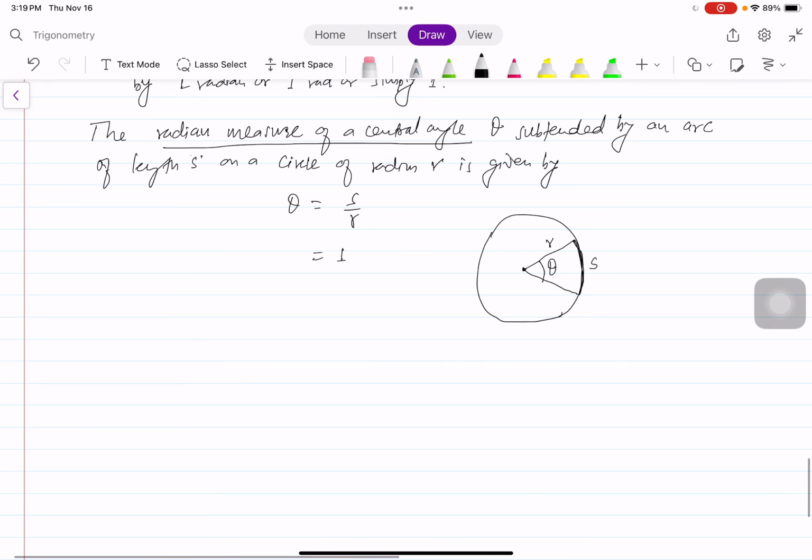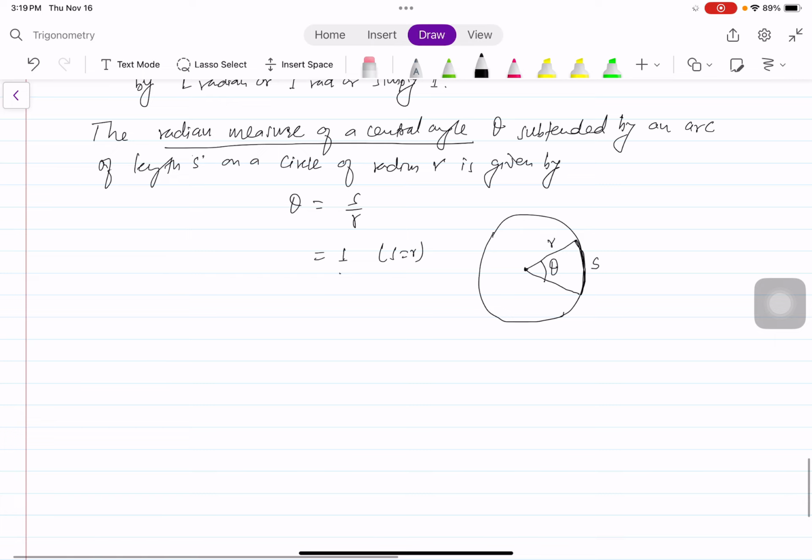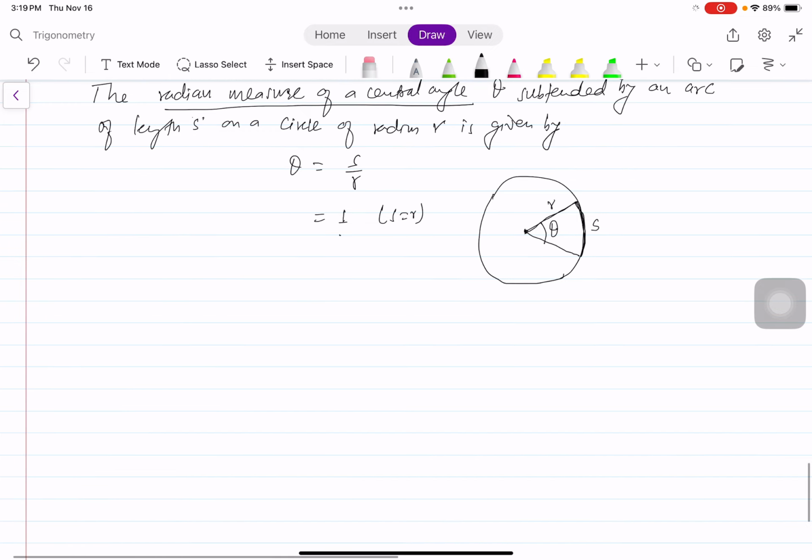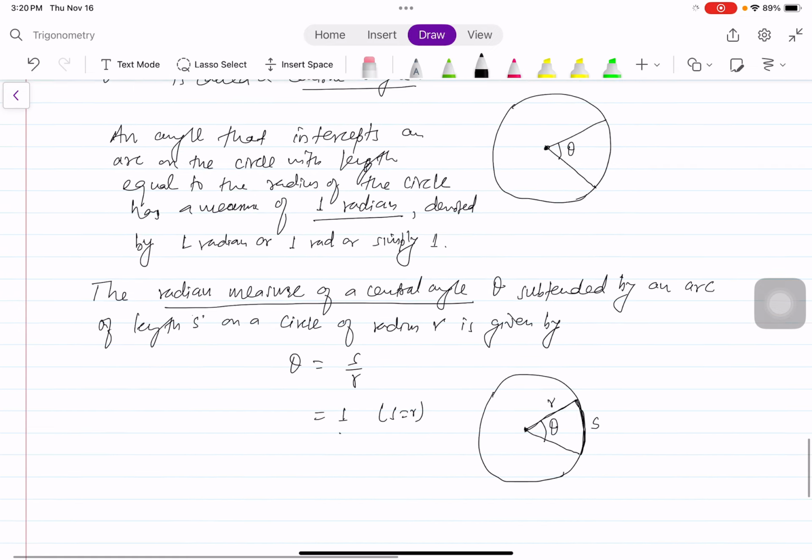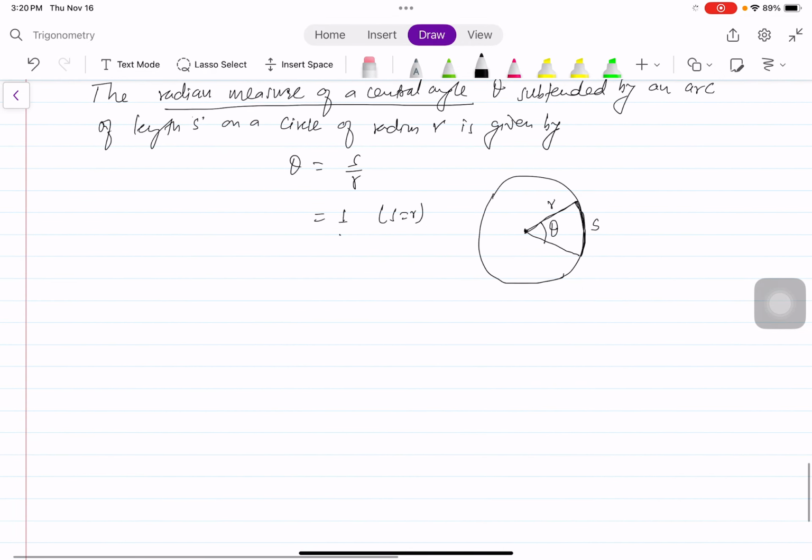Whenever this arc length and this radius are equal, the ratio is 1, so theta is 1. The angle measured at this condition is called 1 radian. So this is what the above 3 points are telling us.